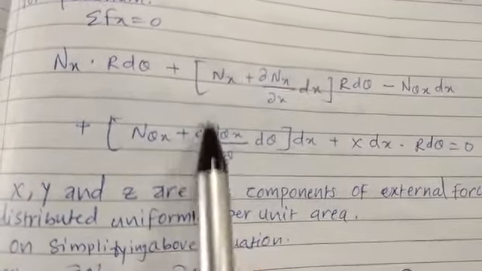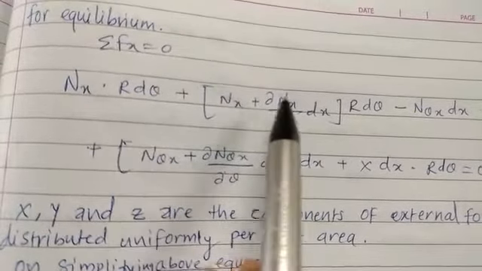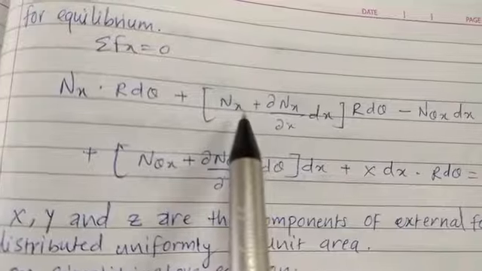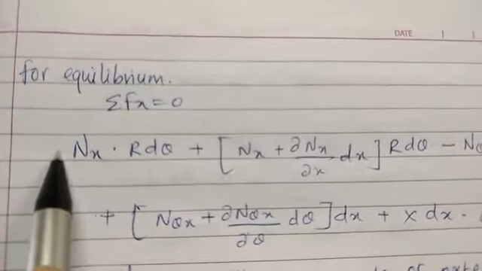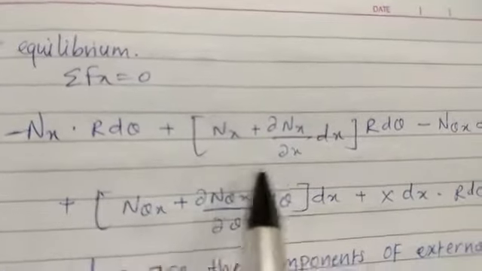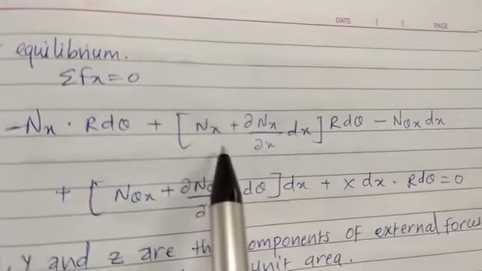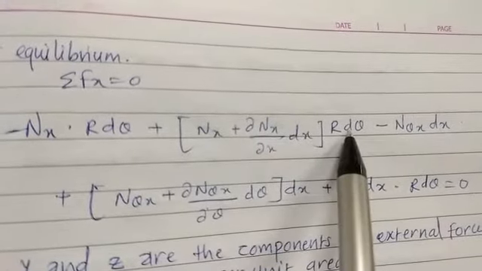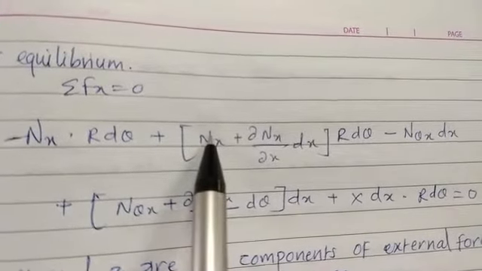So if you simplify the equation, you can see that this nx r d theta, here the direction of nx should be negative. So this nx into r d theta and this nx into r d theta will get cancelled because one is having a negative sign and the other a positive sign.